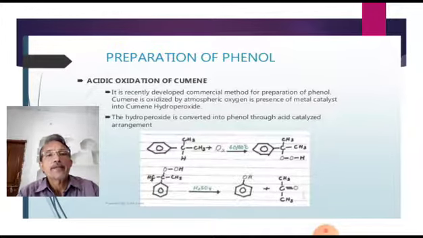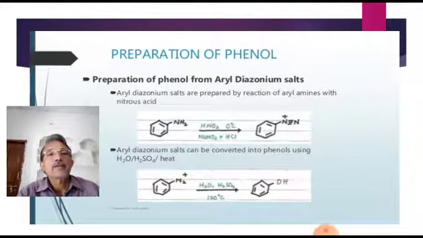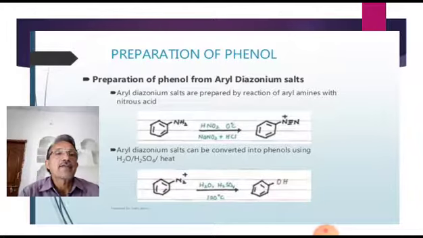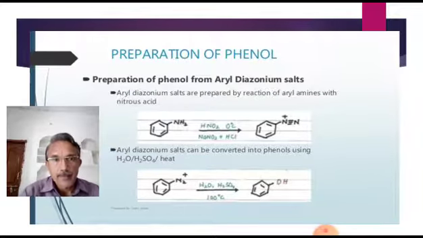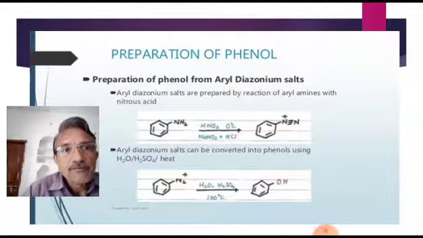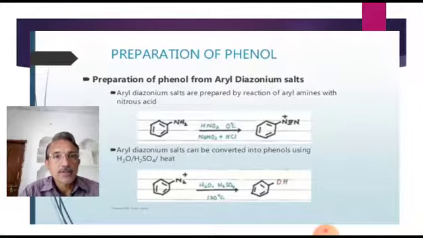So this is the recently developed commercial method to prepare phenol. So far we studied three methods. Fourth method is preparation of phenol from aryl diazonium salts. Phenol can also be prepared from aryl diazonium salts. Any diazonium salt is prepared by reaction of arylamine with nitrous acid.